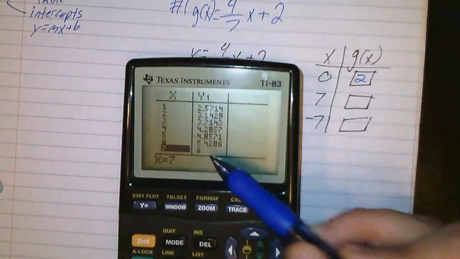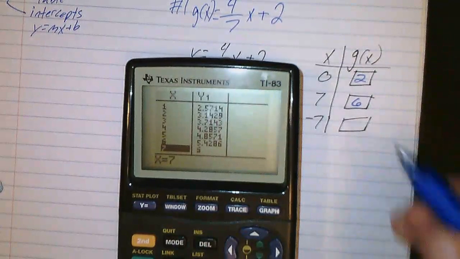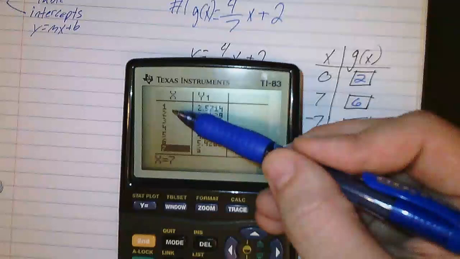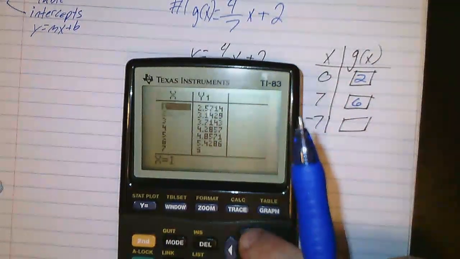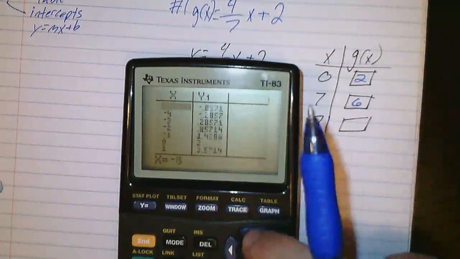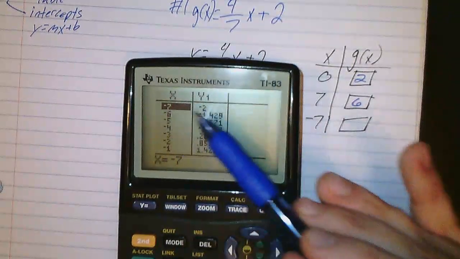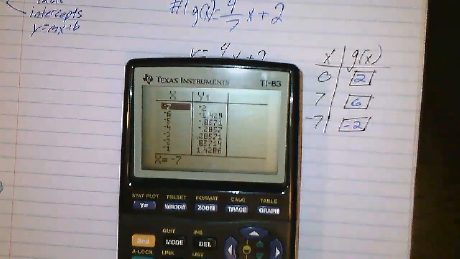When x is 7, y is 6. What about when x is negative 7? Well, we're in the positives right now, so I need to scroll up, hitting the arrow keys until we get to negative 7. When x is negative 7, y is negative 2.